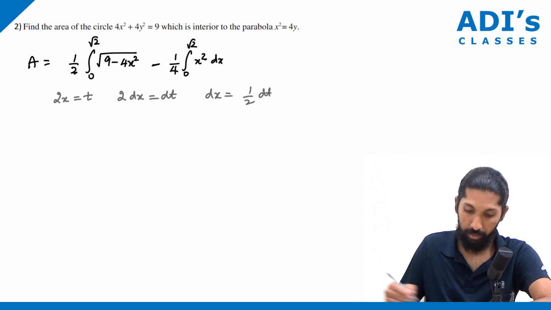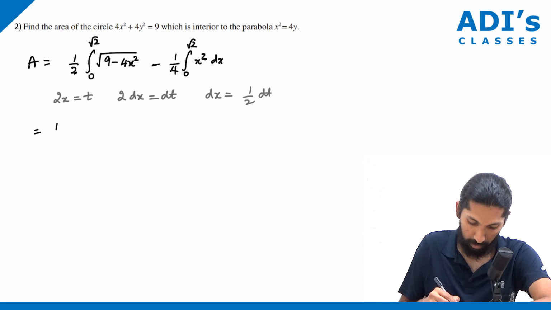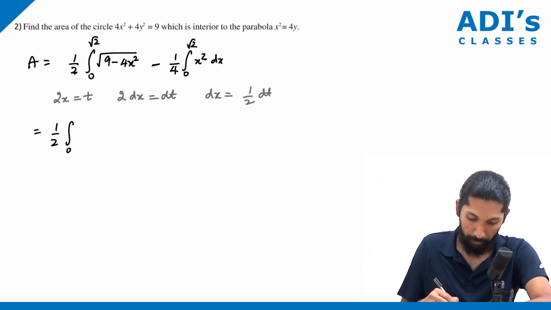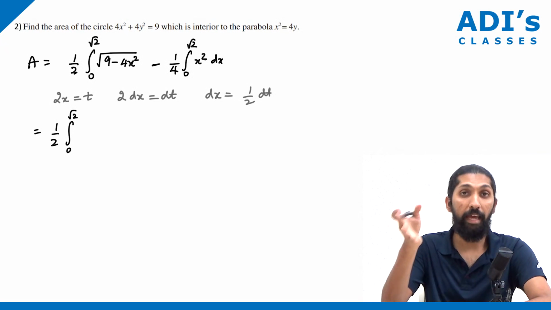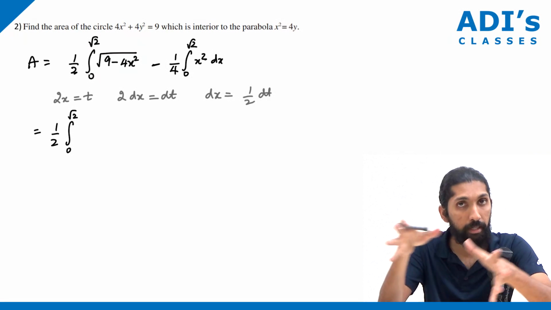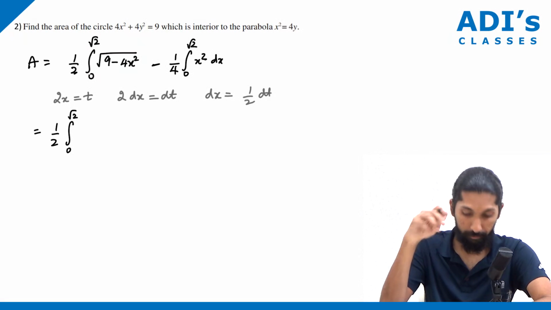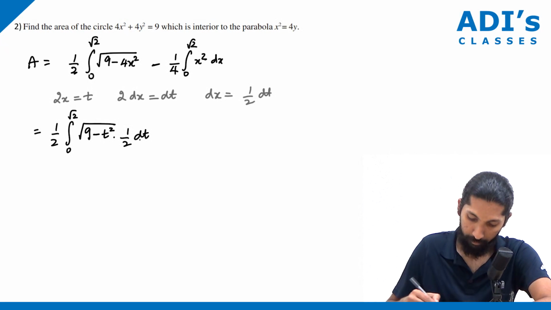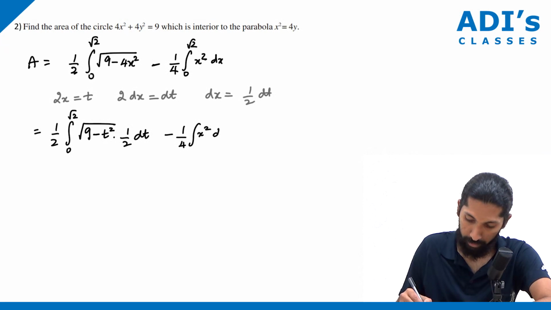So we'll substitute that. We'll make this half integral 0 to, of course, the root 2 is going to change. But what we'll do is, at the end, I'm going to substitute that x back. Root of 9 minus t square into half dt, minus 1/4 x square dx from 0 to root 2.